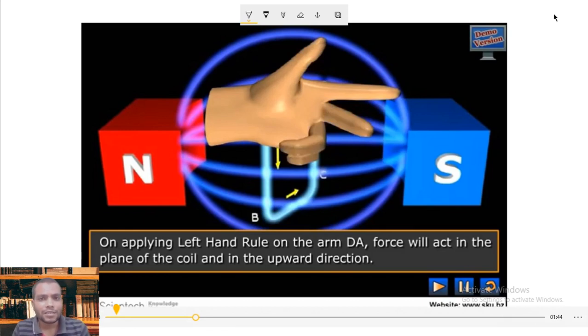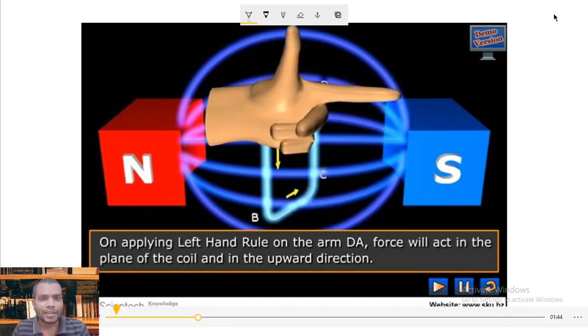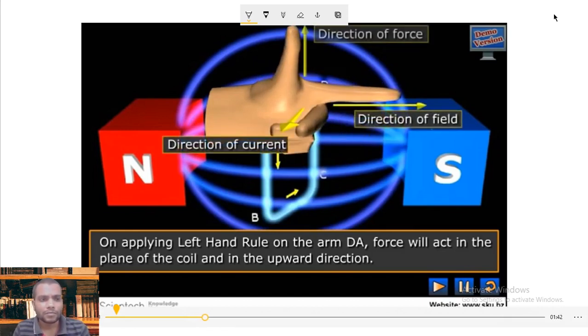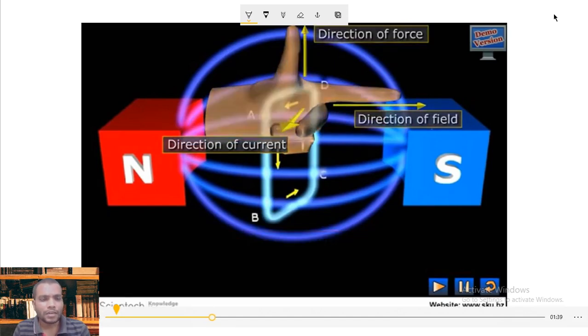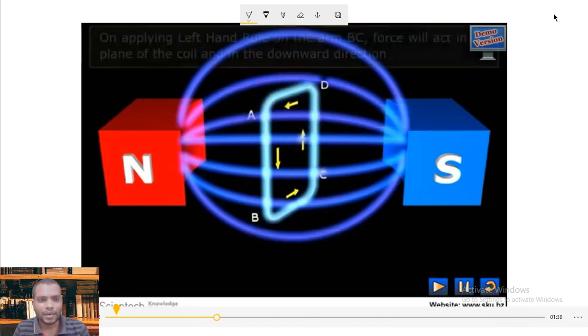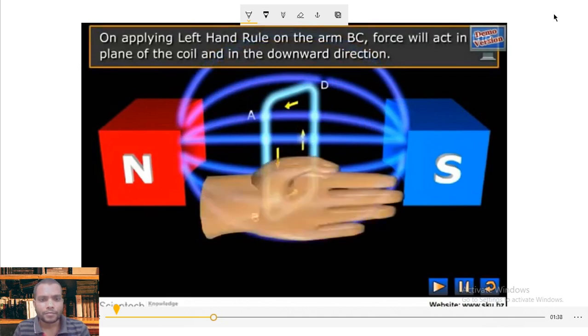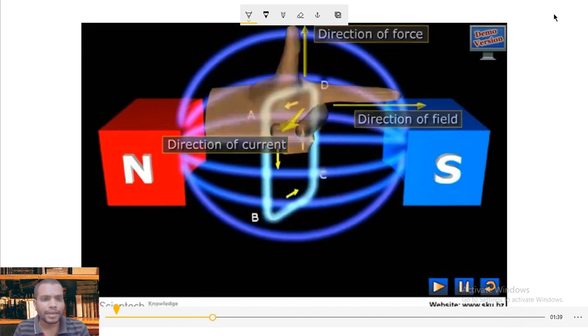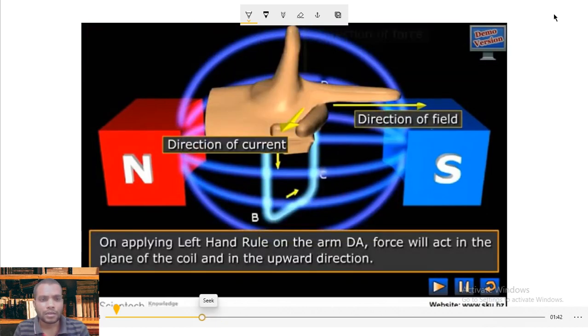Fold your fingers: the pointing finger indicates the magnetic field, the thumb indicates the force, and the middle finger indicates the current. So the net force in the arm DA acts in the upward direction.